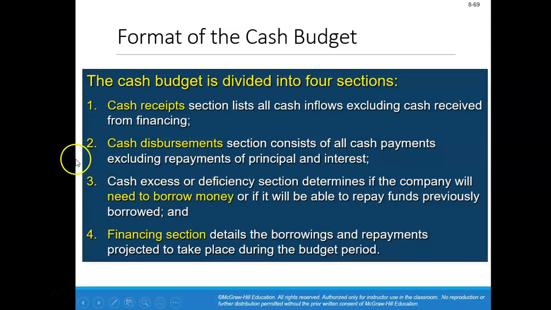Then we have a third section for our cash excess or deficiency, meaning at the end of each month, will we have a surplus of cash, a cash excess, or will we have a shortage of cash known as a cash deficiency? Depending upon if we need to borrow money, we go to section 4, our financing section. This shows that if there's a deficiency, we're going to have to borrow money.